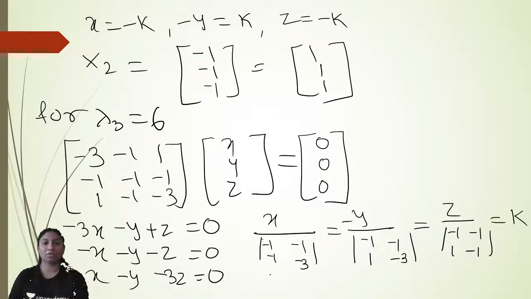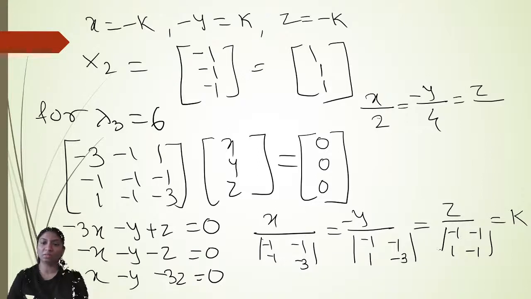Okay, so x upon determinant of minus 3 plus 3 and minus 1, so 2, is equal to minus y upon plus 3 plus 1, 4, is equal to z upon plus 1 and plus 1.